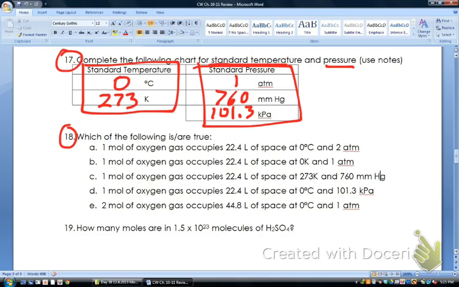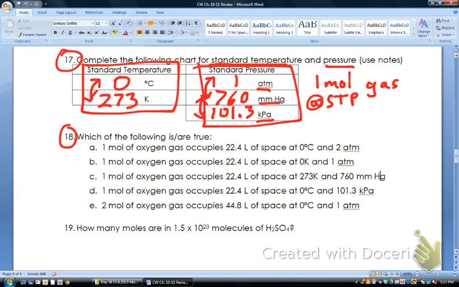Now remember, when we talked about 1 mole of gas, we said that 1 mole of any gas, so any type of gas that we could have, when it is at STP, so meaning it is at any one of these temperatures and pressures, so 0 degrees Celsius or 273, these two are actually equal to each other. So it's the same temperature, same thing. These three are all the same pressure, just different units.